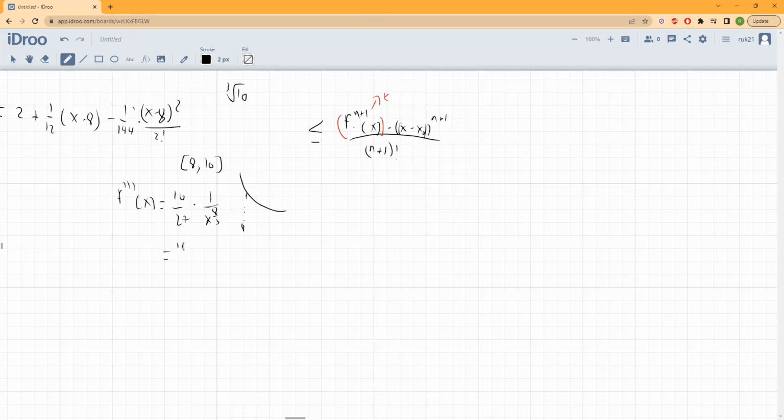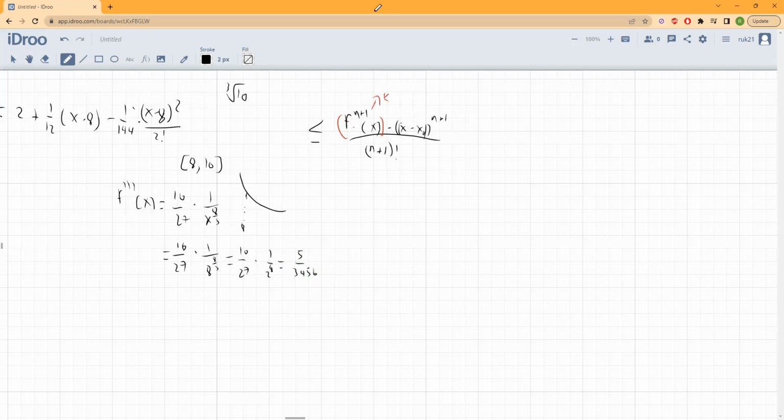So we're going to get equals 10 over 27 times 1 over 8 to the power of 8 over 3, which is then equal to 10 over 27 times 1 over 2 to the power of 8, which is then going to equal 5 over 3,456.